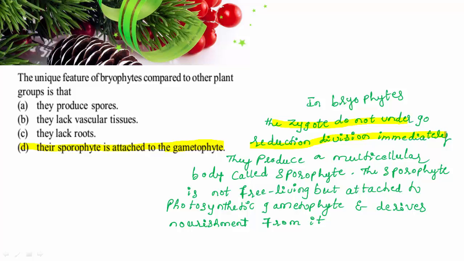They produce a multicellular body called sporophyte. Sporophyte is not free living. In case of bryophytes, it is attached to the photosynthetic gametophyte and derives nourishment from the gametophyte. Therefore, the sporophyte is attached to the gametophyte, as the gametophyte is a dominant phase in the life cycle of bryophytes. So the right answer for this question is option D.